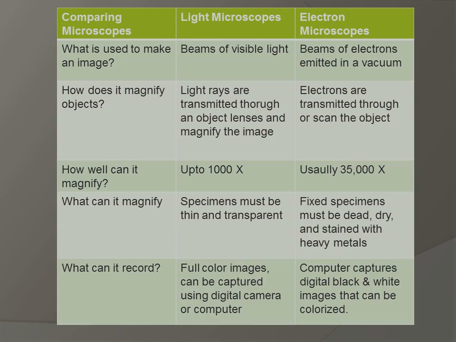When it is coated with heavy materials, you can use it as a specimen in electron microscopes. This is the advantage of electron microscopes, whereas light microscopes have their own limitations too. And what can it record? Color images can be captured using digital or computer systems in light microscopes, while electron microscopes capture black and white images, which can be colorized too.